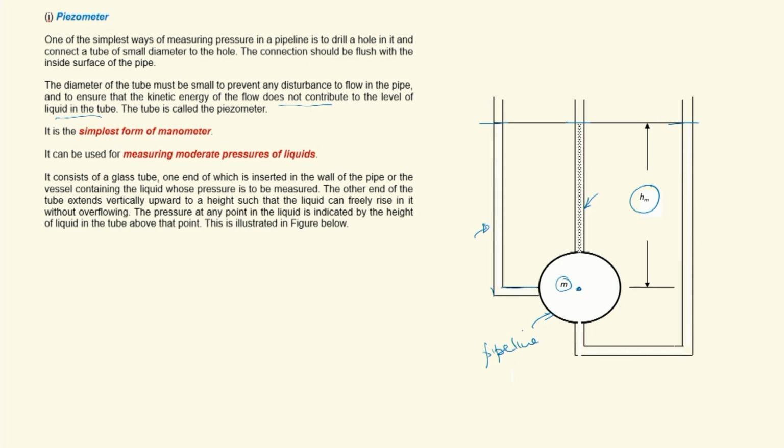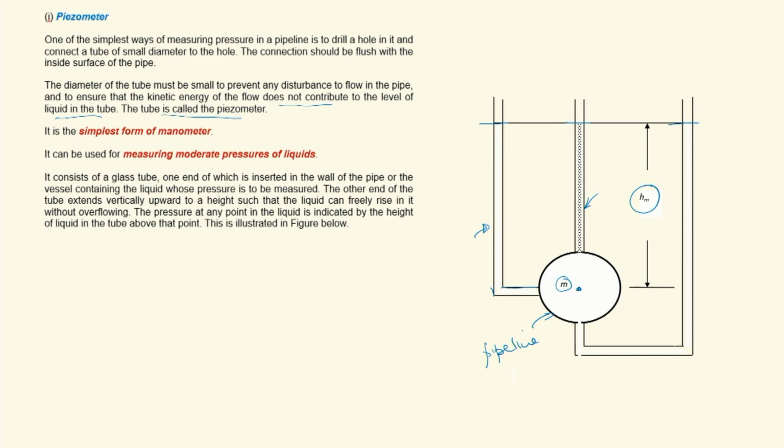We would be misinterpreting the pressure, or the pressure will be overestimated compared to what is actually prevalent, if you use a tube of very small diameter so that the capillary rise effect is there. So it has to be small from one point of view, but not so small that the capillary effect becomes significant, and you also have to ensure that the kinetic energy of the flow does not contribute to the level of liquid in the tube.